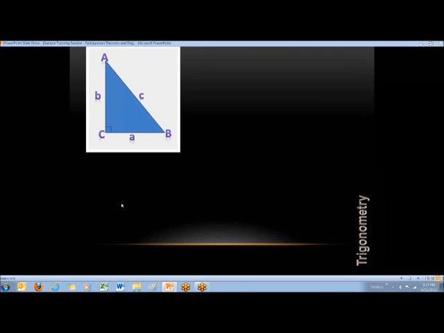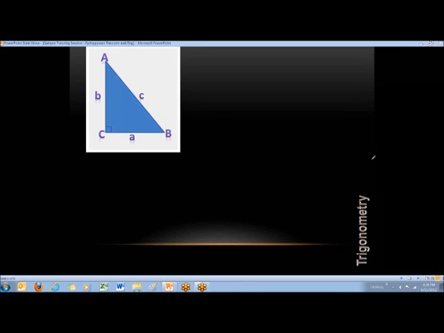If I've got a triangle, we'll call the angles A, B, and C, and the sides small a, small b, small c. There's a relationship between this angle and that length.